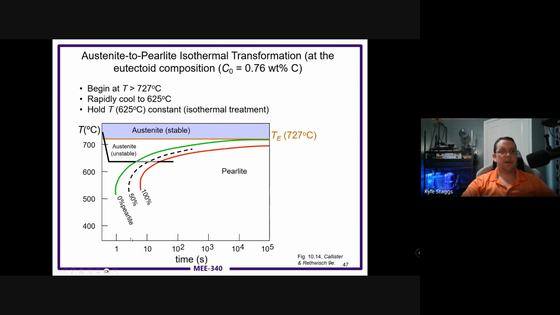So we have a different time for each of the beginning of perlite formation, 50%, 100% timeline, how quickly that happens, and you're into the perlite phase. So this is all austenitic, starts nucleation at this edge. We actually are getting perlite formation, and then 100% is full perlite formation.